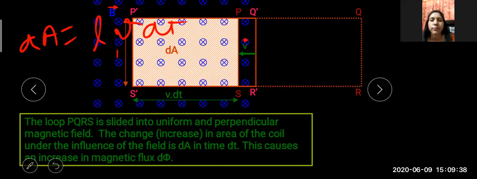So the loop PQRS is slid into the uniform magnetic field as shown in this figure, perpendicular to the magnetic field. The change in area of the coil under the influence of the field is dA in time dt. So this causes an increase in magnetic flux.